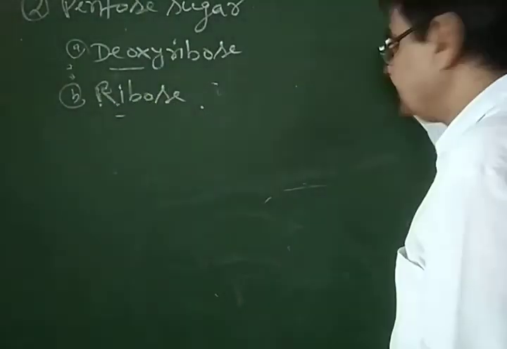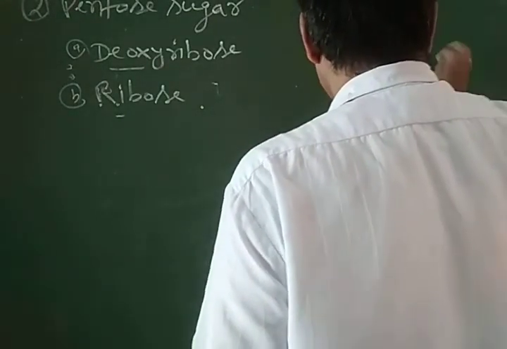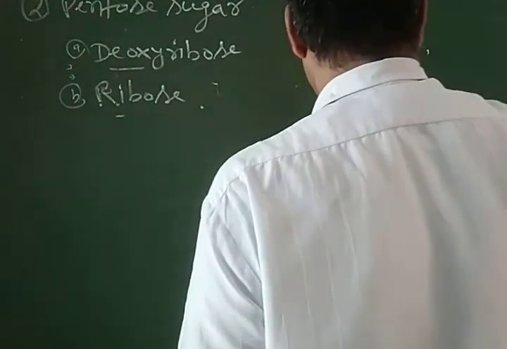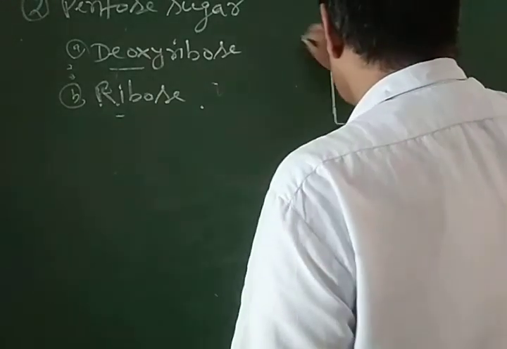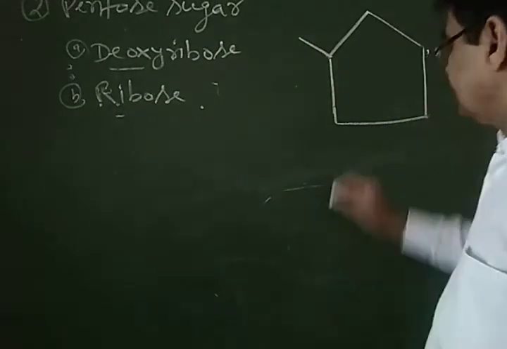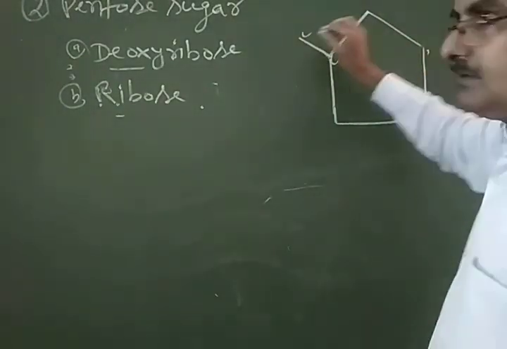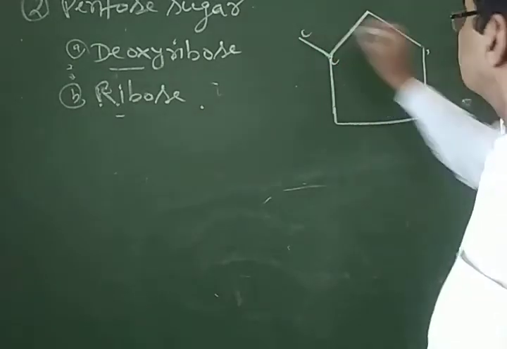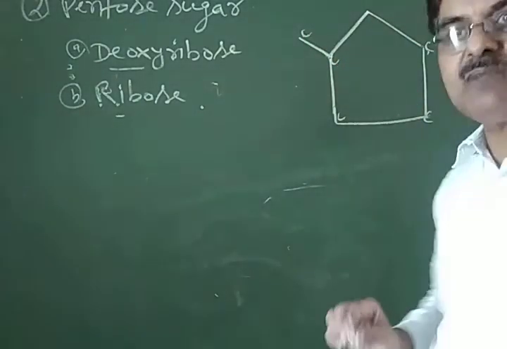Okay. Now you can see here. Suppose this is the structure of a sugar. Now the carbon, there is the first carbon, second carbon, third carbon, fourth carbon, and fifth. This is the 5 carbon structure.